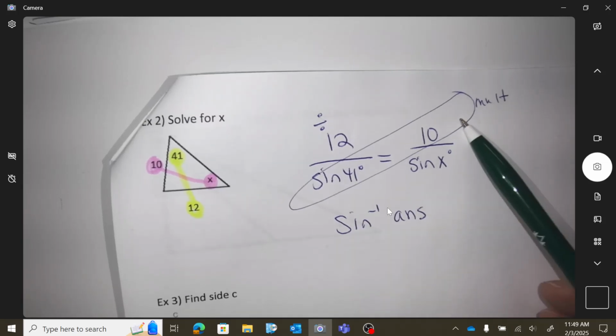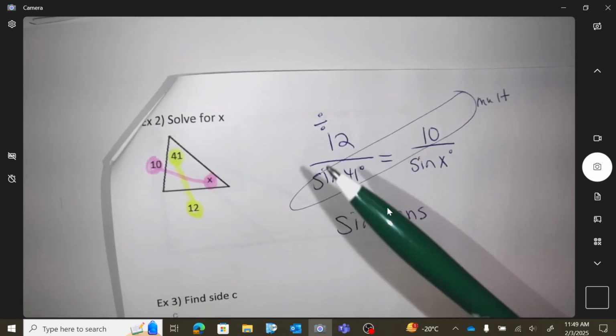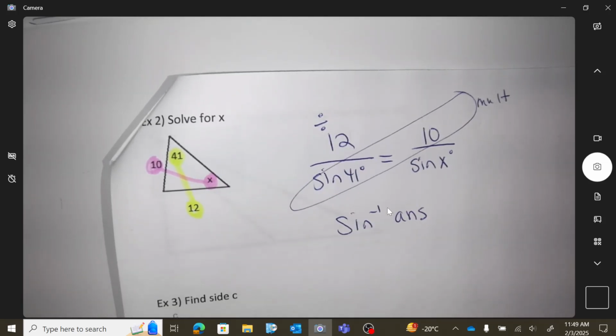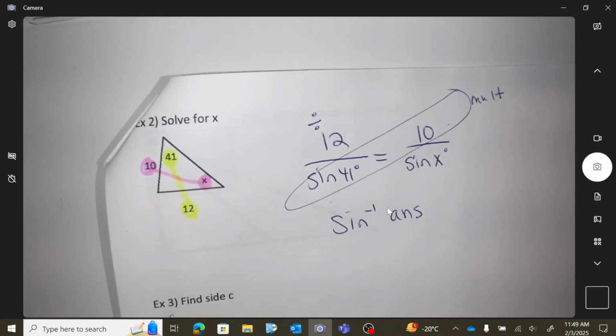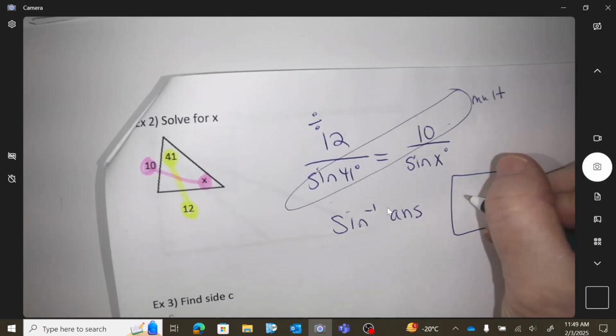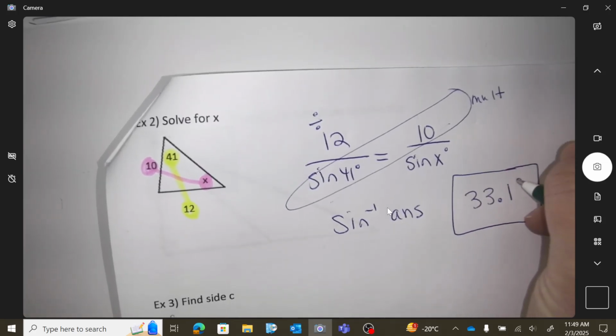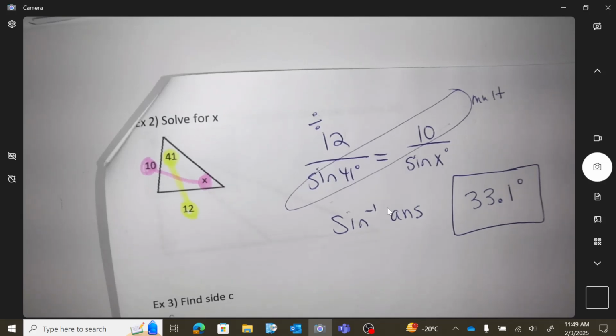You're going to have to do the multiply, divide, and then you're going to hit sine inverse of the answer. Got it? Multiply, divide, and then inverse. And you're going to go to 1 decimal place with an angle measure, okay? See if you can get a 33.1 degree answer in your calculator.